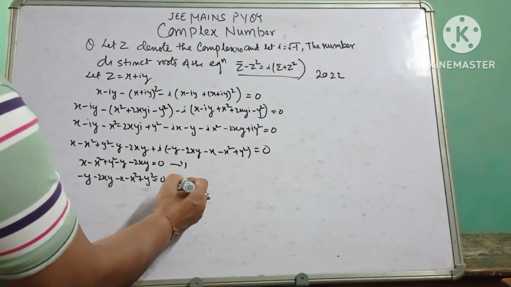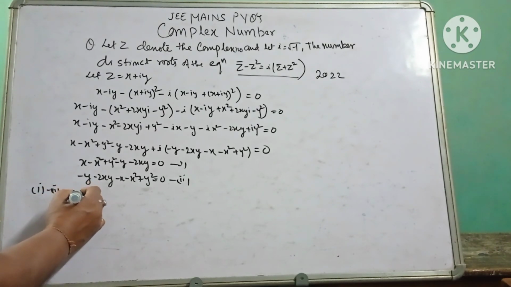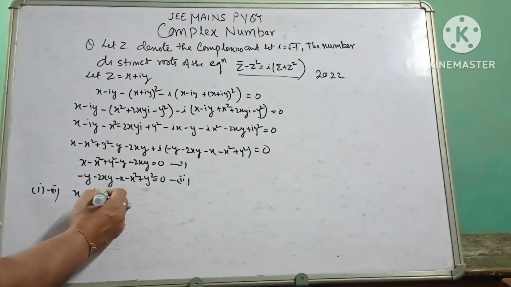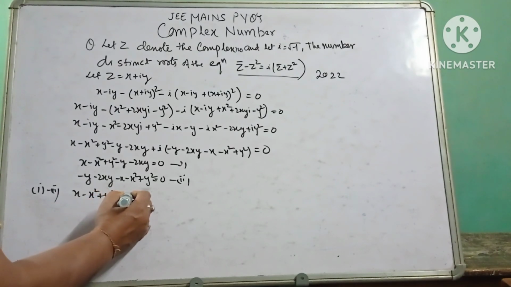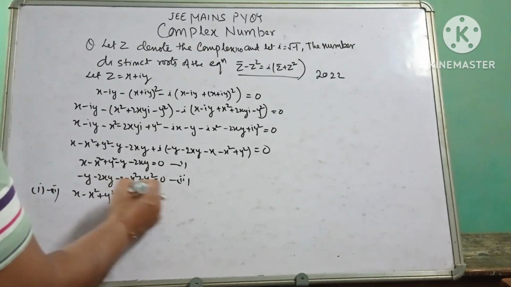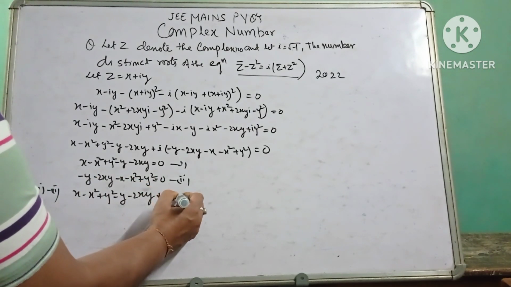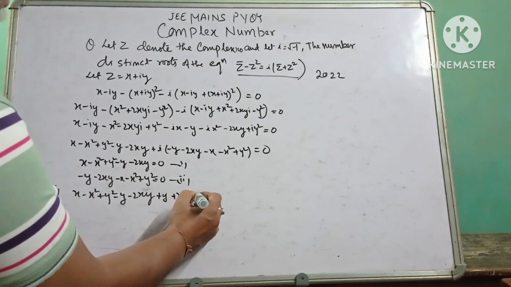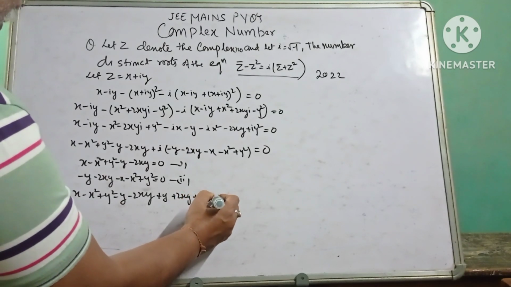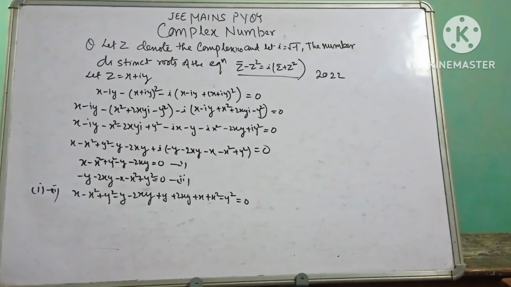You subtract, 1 minus 2. What are you going to get? Here you see x minus x square plus y square minus y minus 2xy, minus, when you substitute, this comes to be plus y plus 2xy, plus x, plus x square minus y square equal to 0.